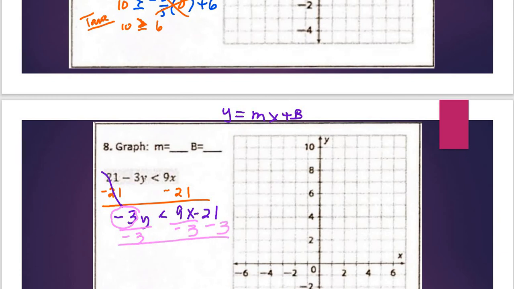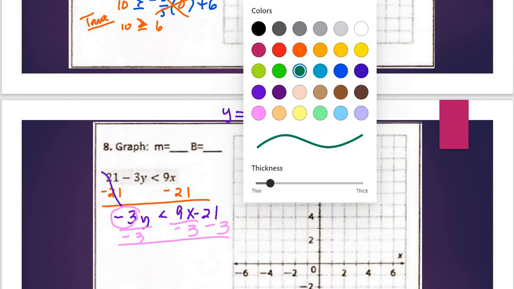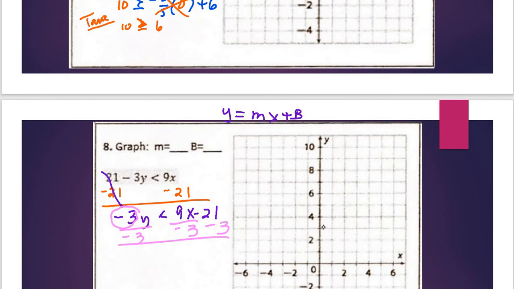So we're going to divide everything through by negative 3. Negative 3. And let me change colors again. So this right here cancels out and I have y. 9 divided by negative 3 is a negative 3x. Negative 21 divided by negative 3 is a positive 7.